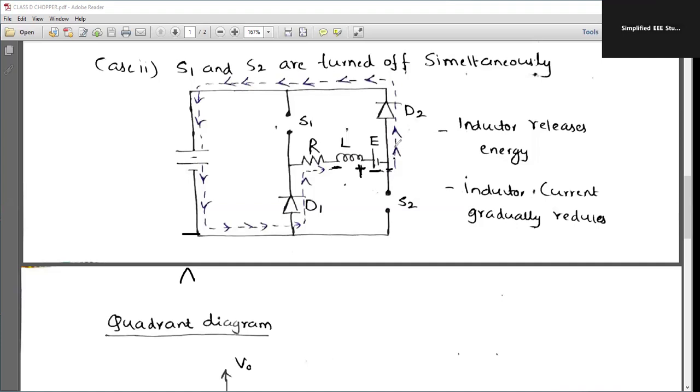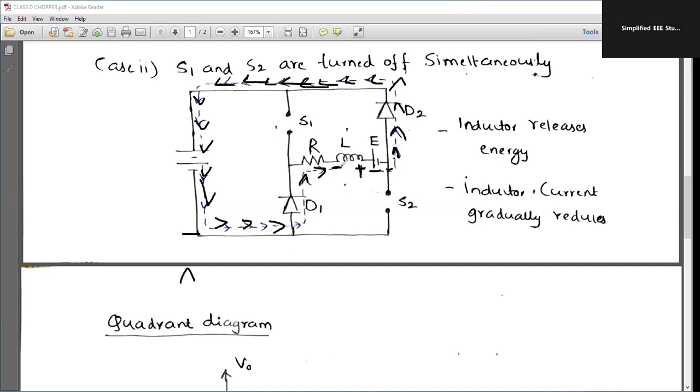Now current flow will start from the positive, find a suitable path and keep on moving. It never passes through S1 because it is in open condition, in off condition. It will pass in this particular direction through the input. Then it will take the path through the diode because the diode is getting forward biased. Ultimately, it will reach the negative of the inductor.